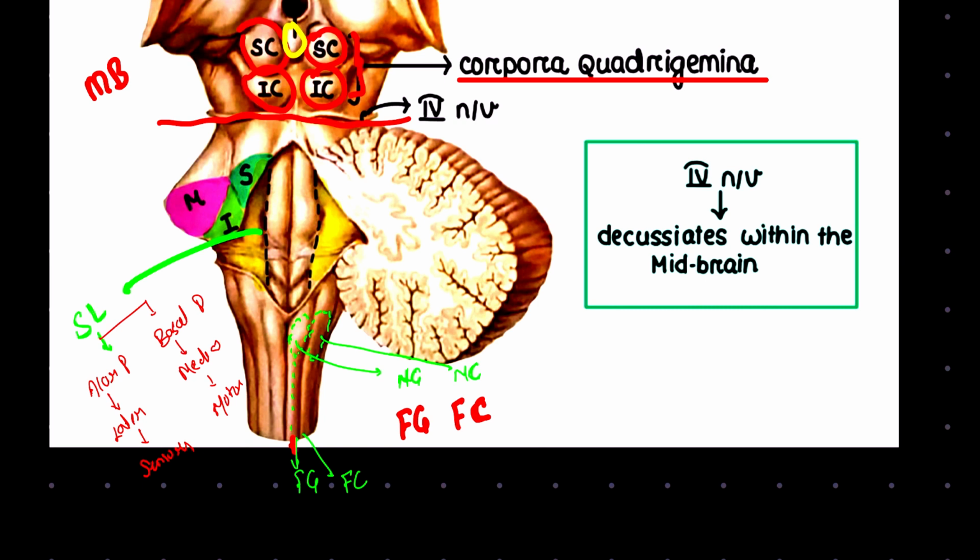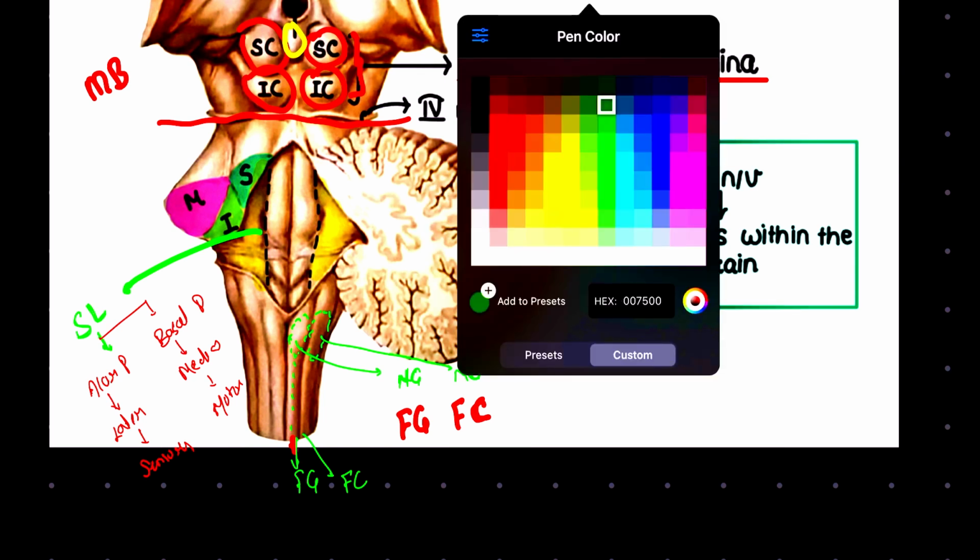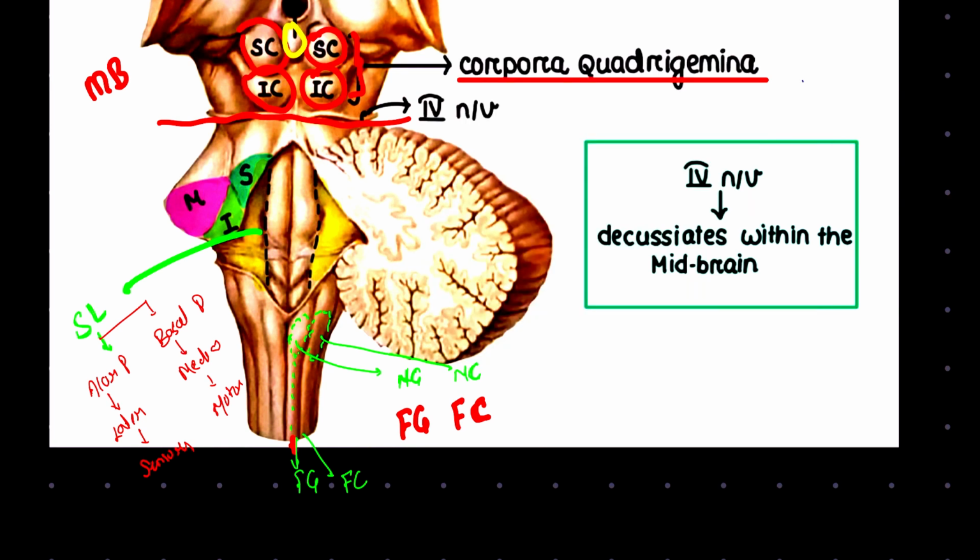Now again there comes the role of our gracilis tubercle and cuneatus tubercle. What will happen is that the first order neurons of our dorsal column tract will end at this region.